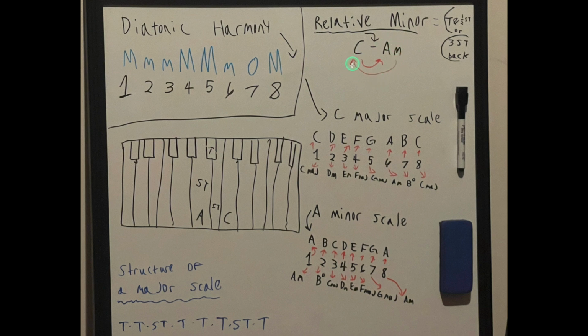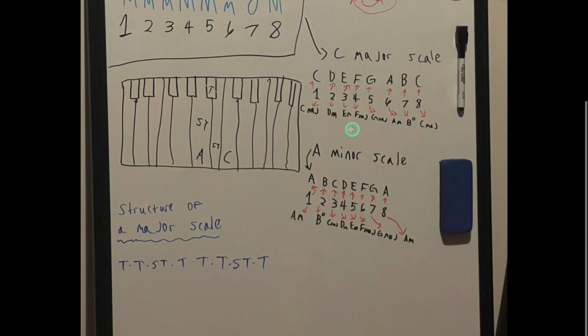Okay? And for homework, I just wanted to talk about constructing these major scales, because we know how to play C major scale, and I talked about how we could play D major scale and G major scale. But the way I would want it built is, because I already taught you guys how to build it, tone, tone, semitone, 3 tones, and then a semitone.